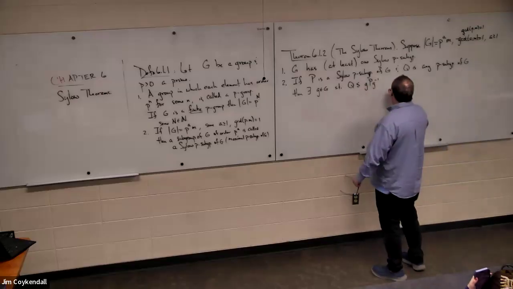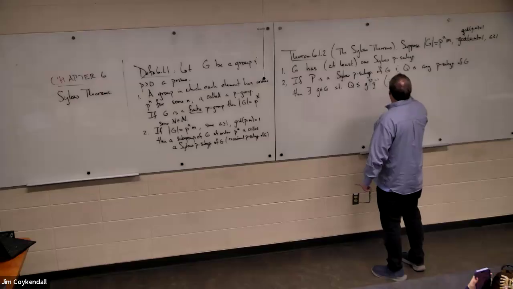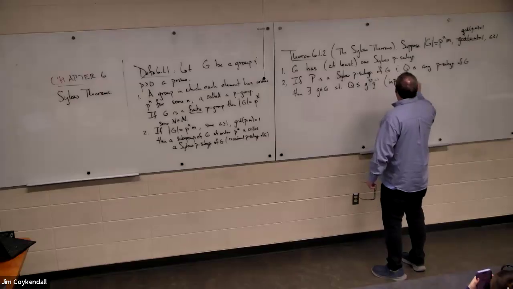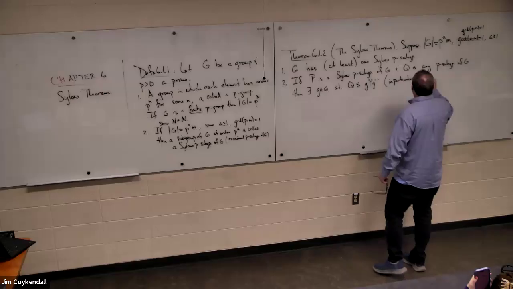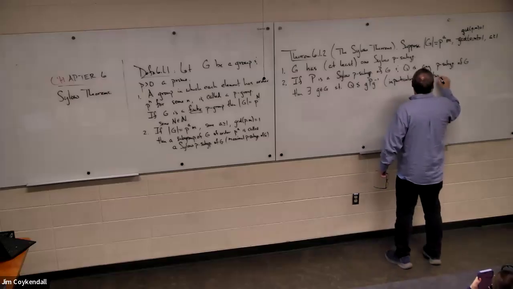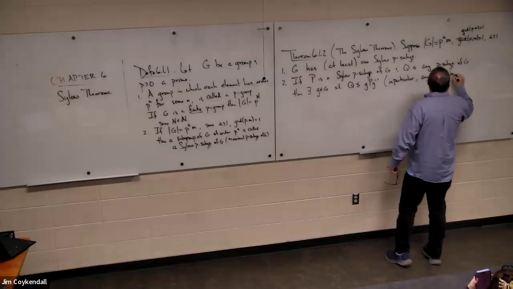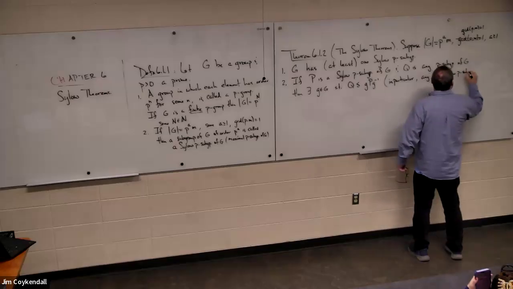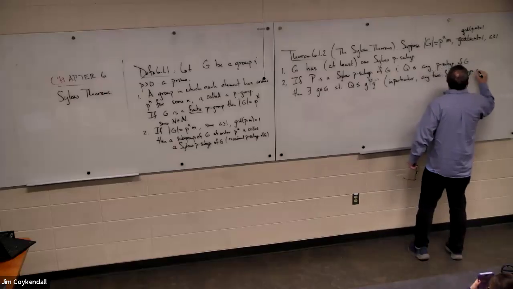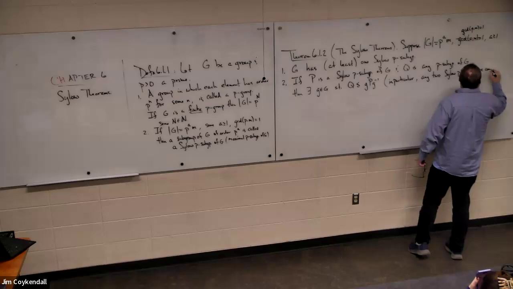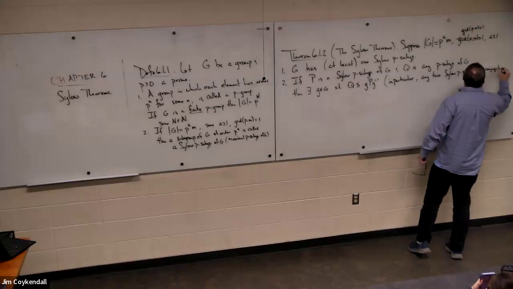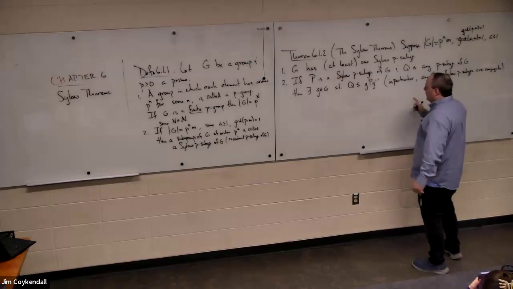So in particular, any 2 Sylow P subgroups are conjugate. Right?